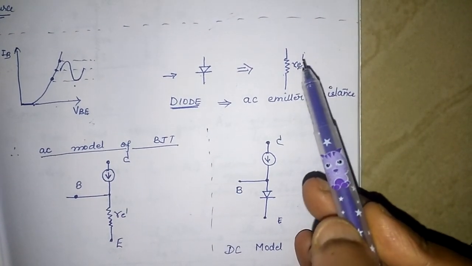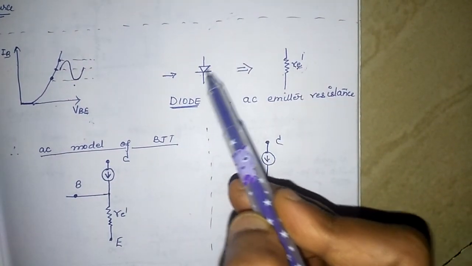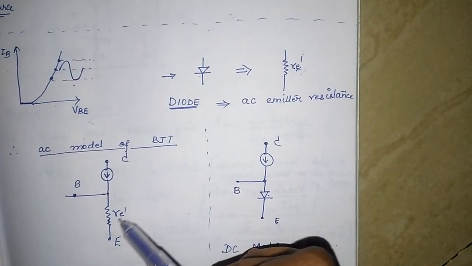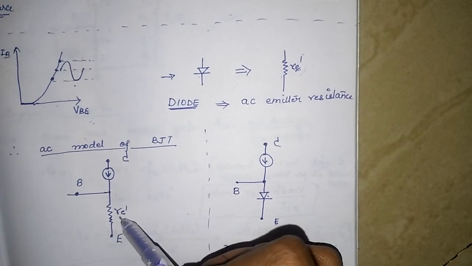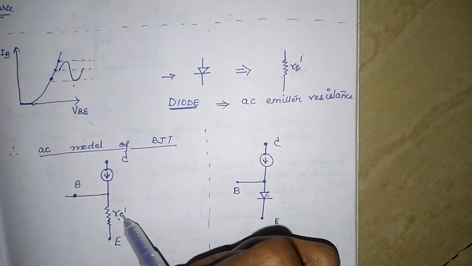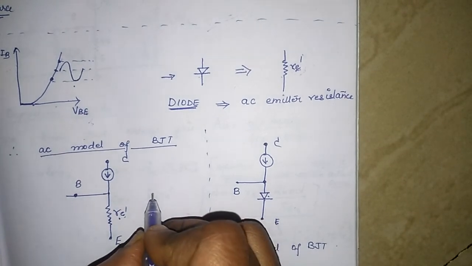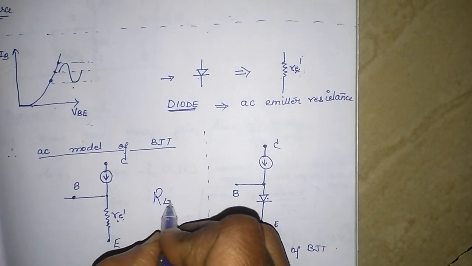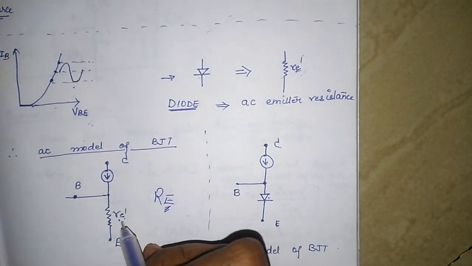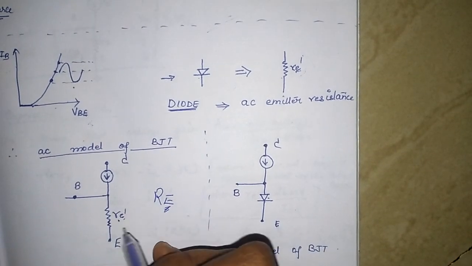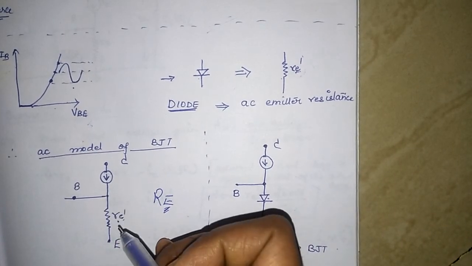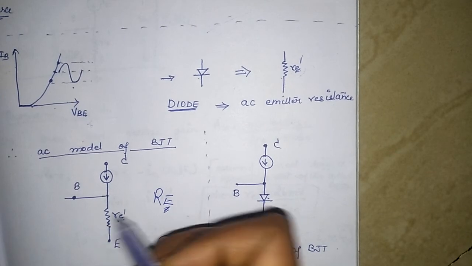So you are replacing the diode in the DC model by a resistance, and that resistance is called the AC emitter resistance. Please note, this is not the same as your stabilizing resistance capital RE. Be careful; this is the resistance of the base emitter junction. Don't search for a resistance hanging out in your BC 107.